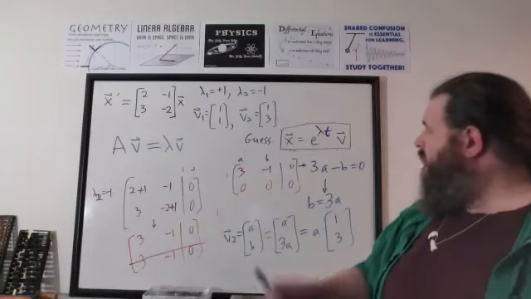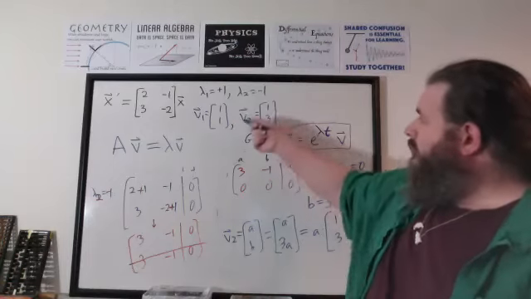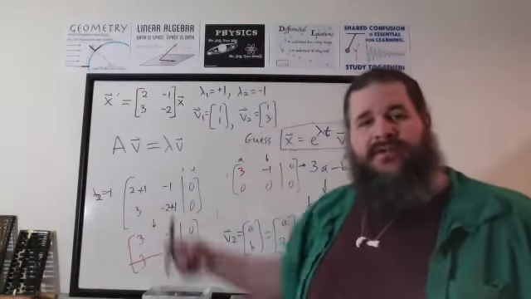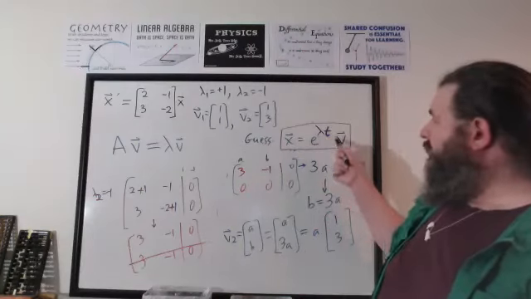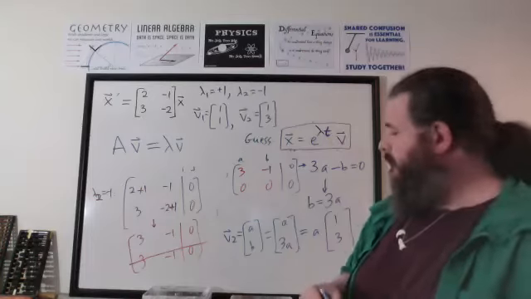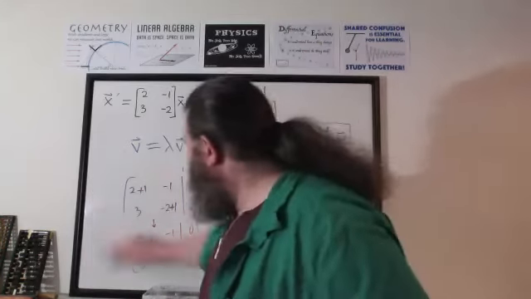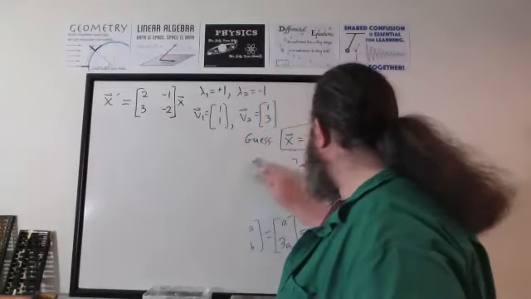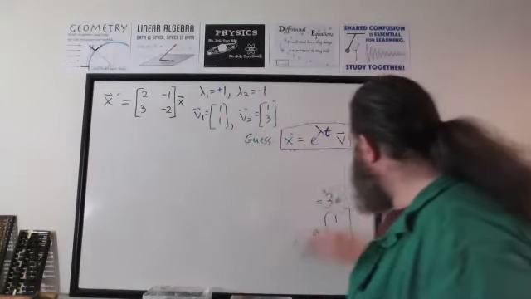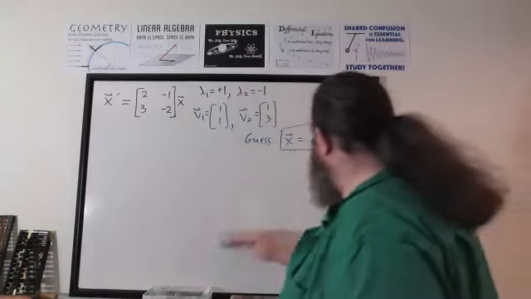So let's try using that in our guess, because the whole point of all this, as far as the differential equation was concerned, is that the solution should look like e to the eigenvalue t times the eigenvector. So now that we have the eigenvalues and the matching eigenvectors, we can write out our guess in full with those values.